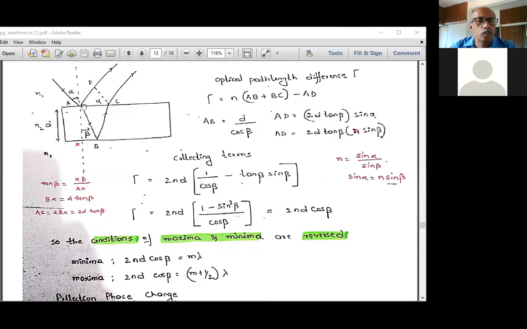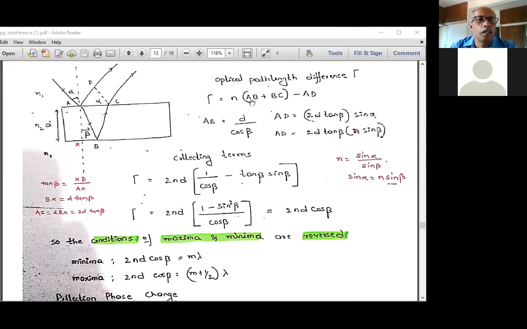Now, there is an extra path. From C, we have drawn a perpendicular to the first reflected ray. CD gives the normal. Now, the optical path difference is equal to the refractive index times the path. n is taken as the refractive index of the second medium, n2, replaced by n, because if n1 is equal to 1, then n2 becomes equal to n.